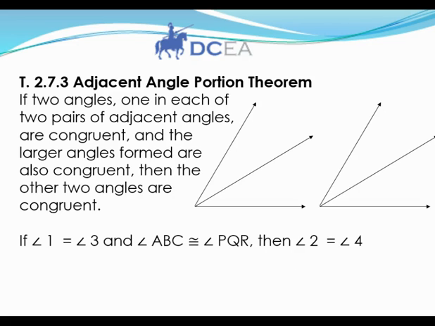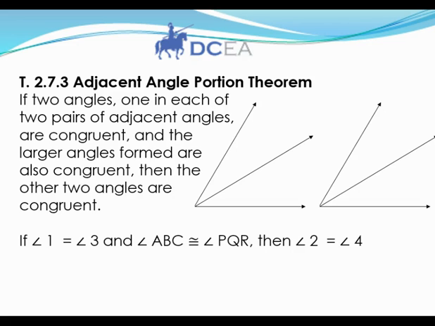It states if two angles, one in each of two pairs of adjacent angles, are congruent, and the larger angles formed are also congruent, then the other two angles are congruent. So it gives us an if-then statement.